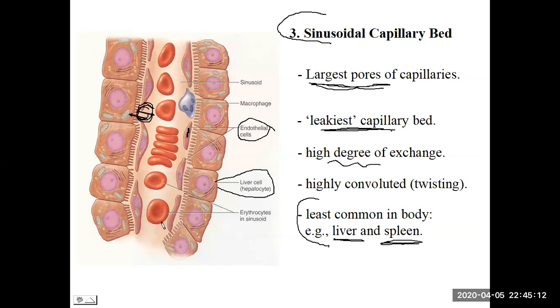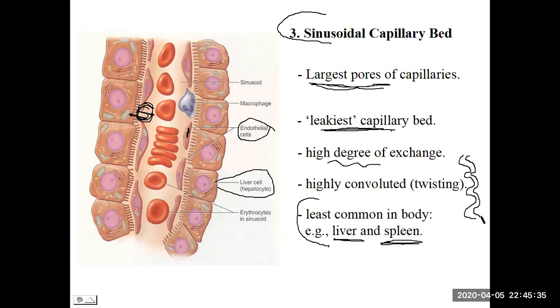And the image here, one little issue I have with the image here, just makes it look like it's just a long, straight pathway. However, sinusoidal capillaries are highly, highly convoluted. So if I made my little sketch, it would look like so. So a real twisted, coiled capillary structure.